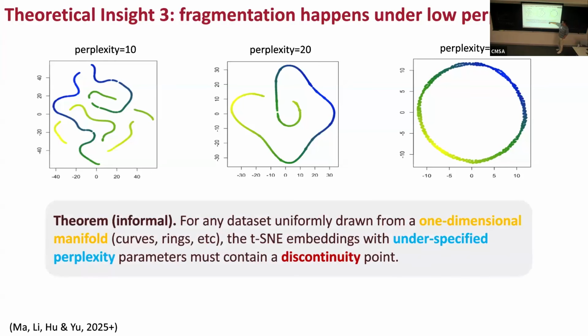Basically, if you know that the data are drawn from a one-dimensional manifold like this case, we can show that if the perplexity is not large enough, there is an upper bound for that. Below this threshold, the low-dimensional embedding must contain discontinuity. What we in fact prove is that when the perplexity is below something, the Lipschitz constant for t-SNE as a map from high D to low D is going to blow up to infinity.